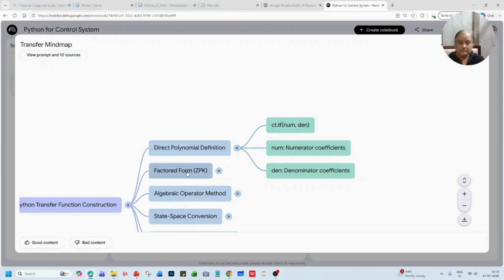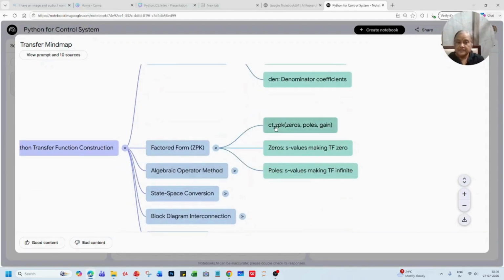In the next form, suppose the transfer function is known in the factored form, that is numerator factors and denominator factors, and we call the numerator factors zeros and denominator factors poles, then the transfer function in Python is represented by the command ct.zpk, from the control system library.